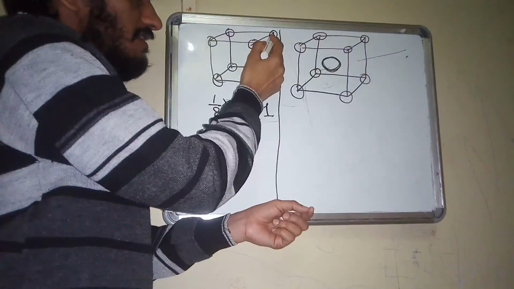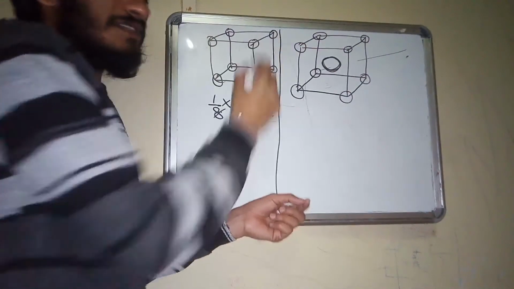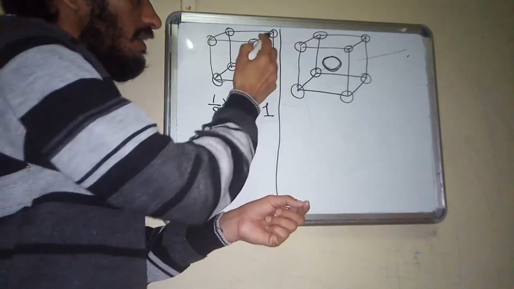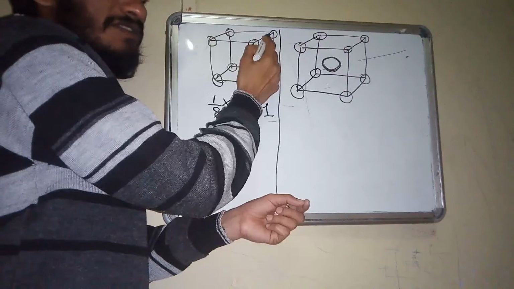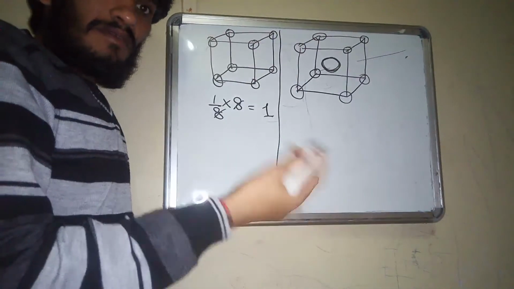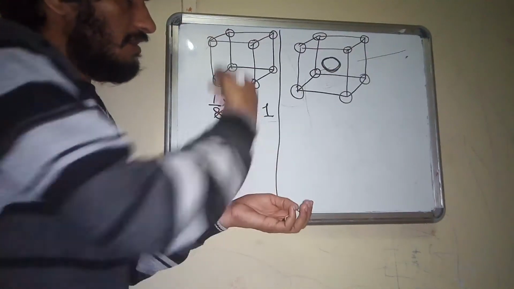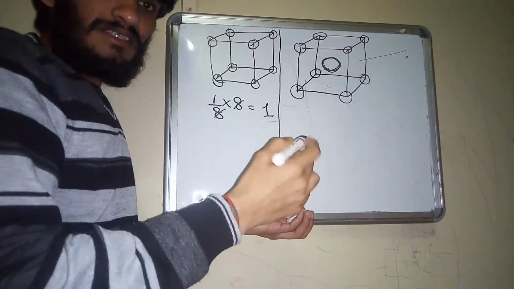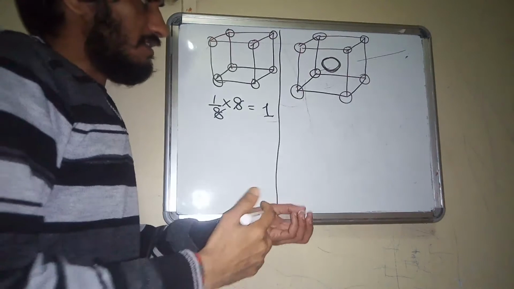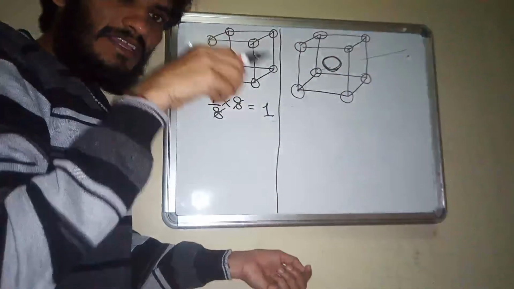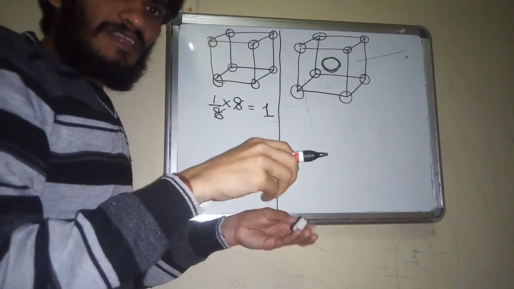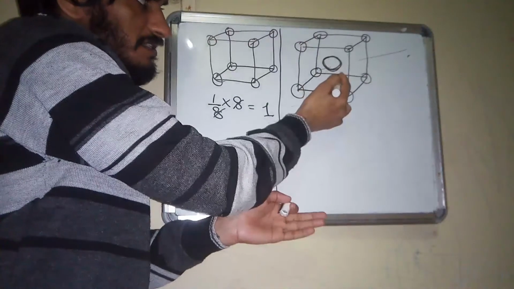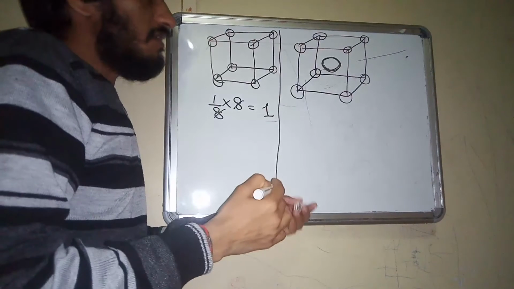See here, if you consider a corner atom, it is shared by different unit cells. Only 1/8 part is located here, and the remaining 7 parts out of 8 parts are in different unit cells. But here the atom is present in between the unit cell, that means it completely belongs to this body centered cubic unit cell only.